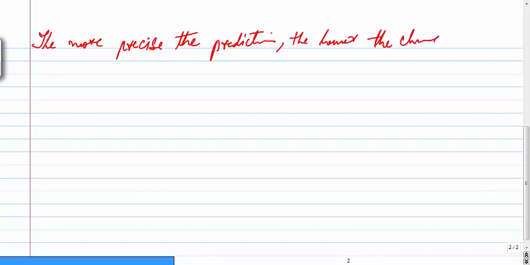So the more precise the prediction, the lower the chance of correctness.